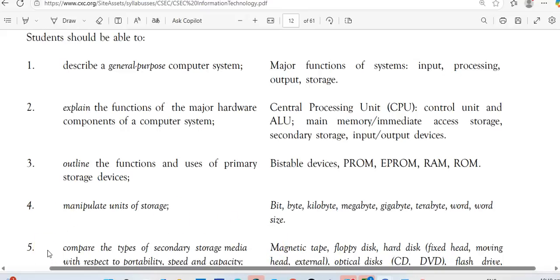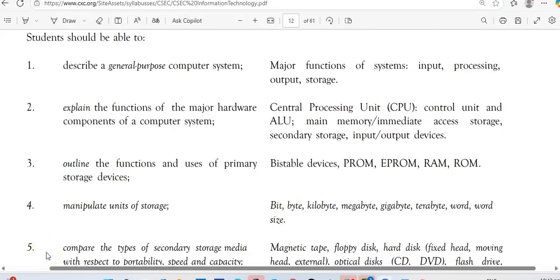When we refer to manipulating units of storage, we are referring to the ability to manage, modify, or control the contents of storage devices or memory units. So we're going to look at how these help to manage, modify, or control the contents of storage devices or memory units.